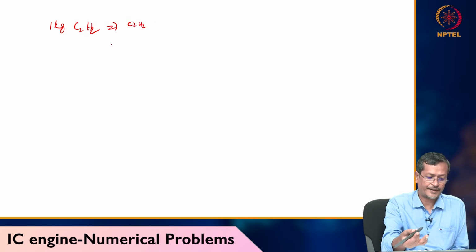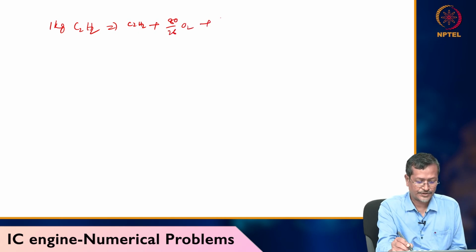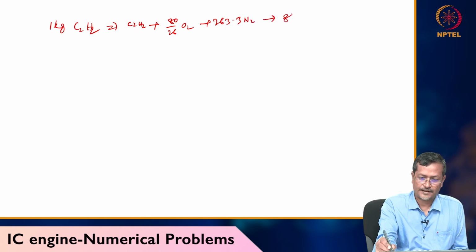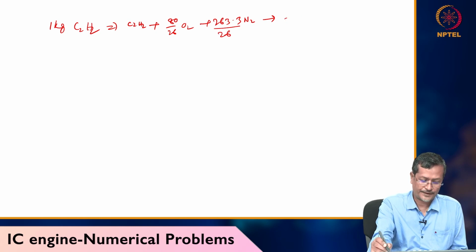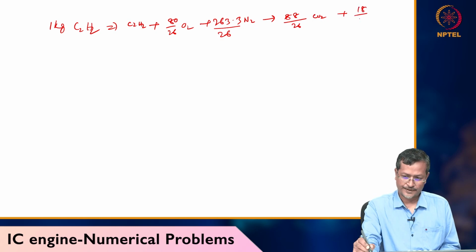C2H2, I am dividing by 26, plus 80 by 26 O2, plus the nitrogen part, if I divide completely, it will be 263.3 divided by 26 nitrogen, giving 88 divided by 26 CO2 plus 18 divided by 26 H2O plus 263.3 by 26 N2.